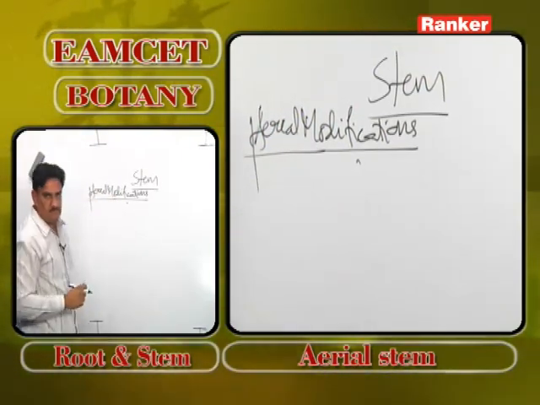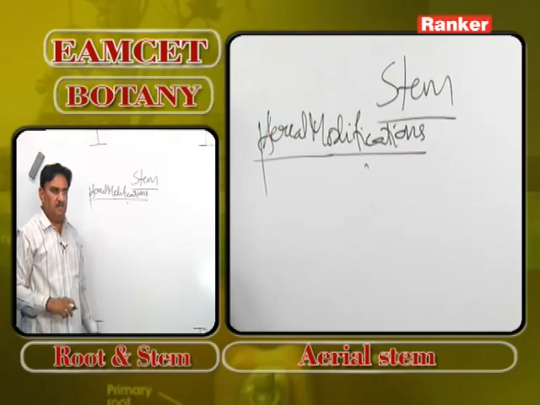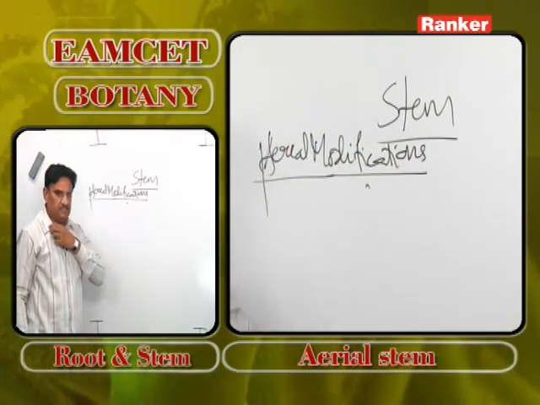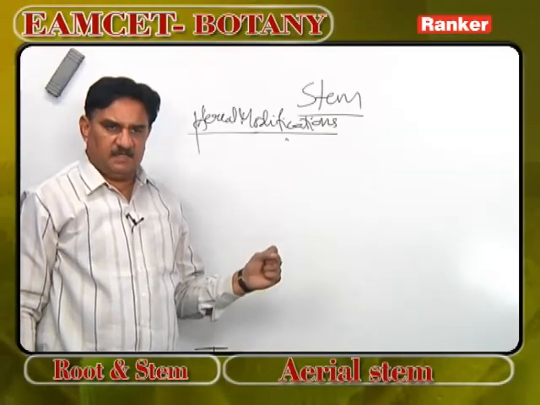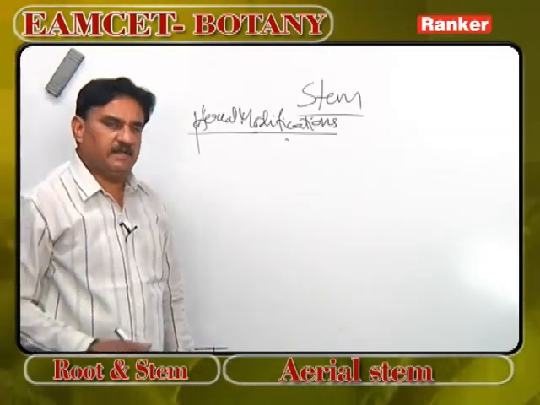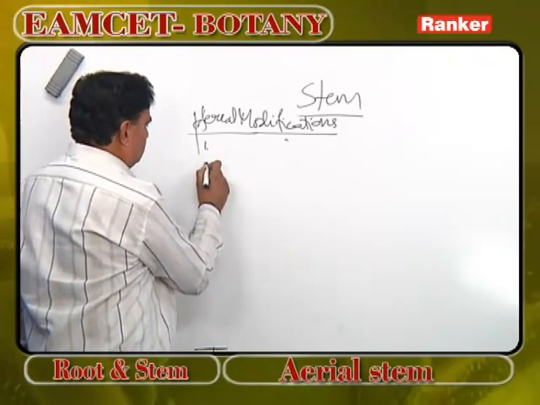Now, first coming to aerial stem modification. All those modifications which are present above the soil level, formed from aerial parts of the plant body, are called aerial stem modifications.